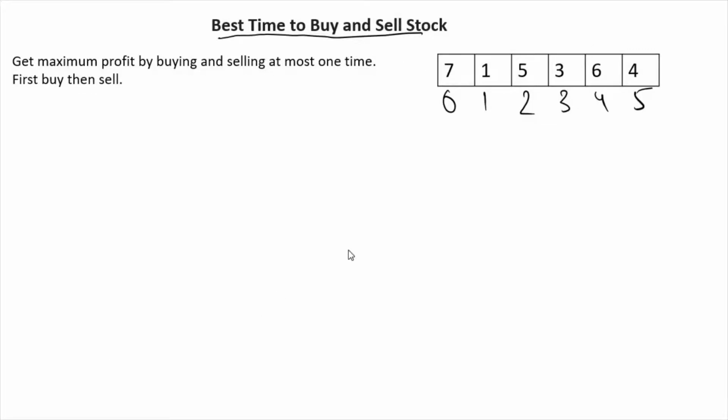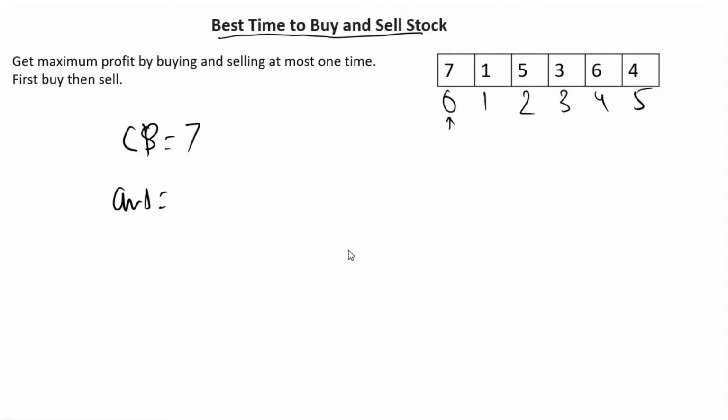So let's see how we can solve this. Suppose we have a variable, current price, and one variable for storing the answer. Suppose we start from index 0, so our current price is 7.